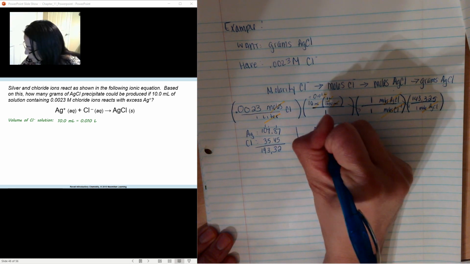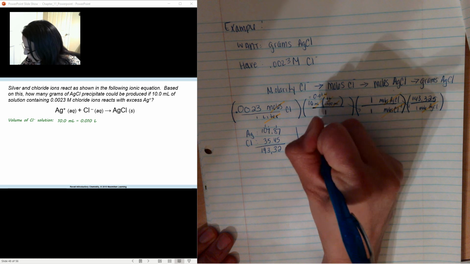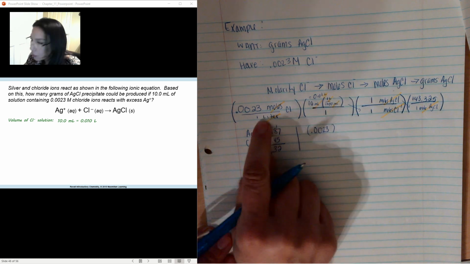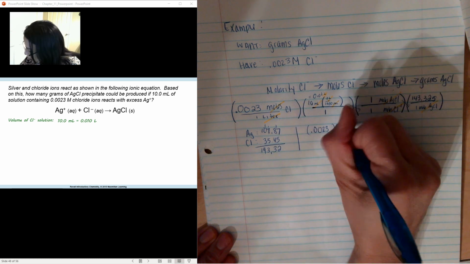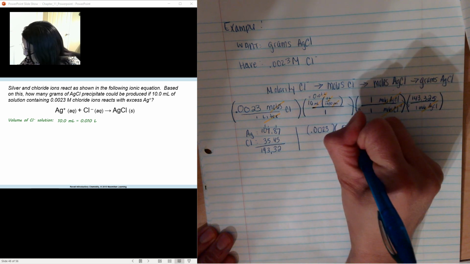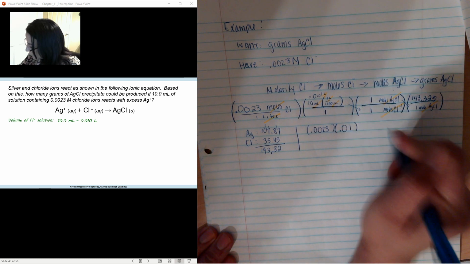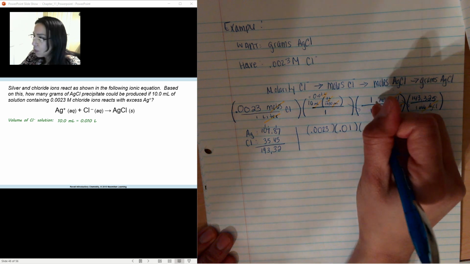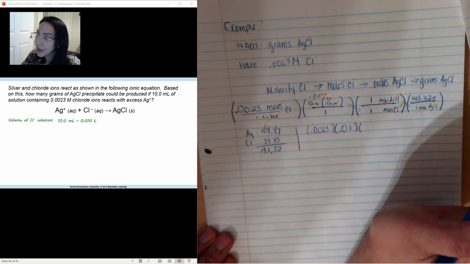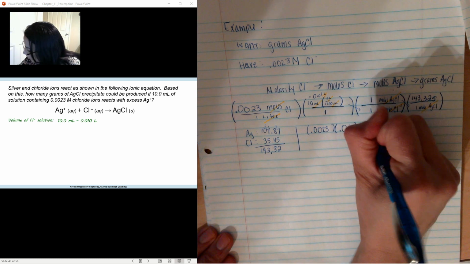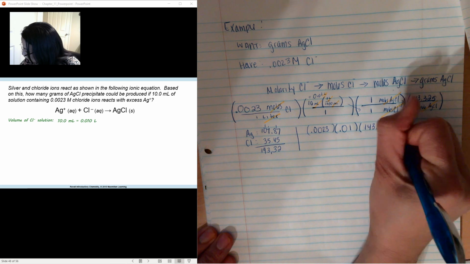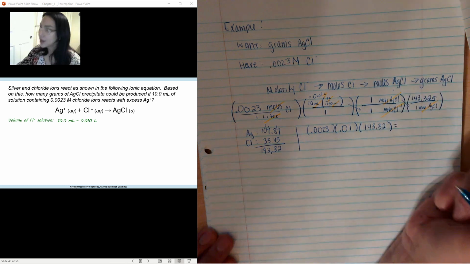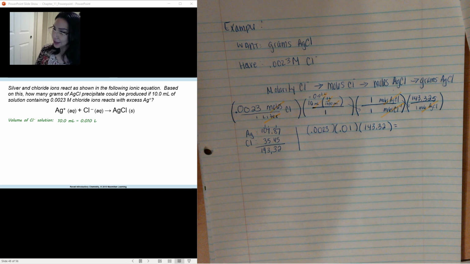So 0.0023 over 1, I'm not going to write that, times 0.01 times 1 divided by 1, not going to write that, times 143.32.